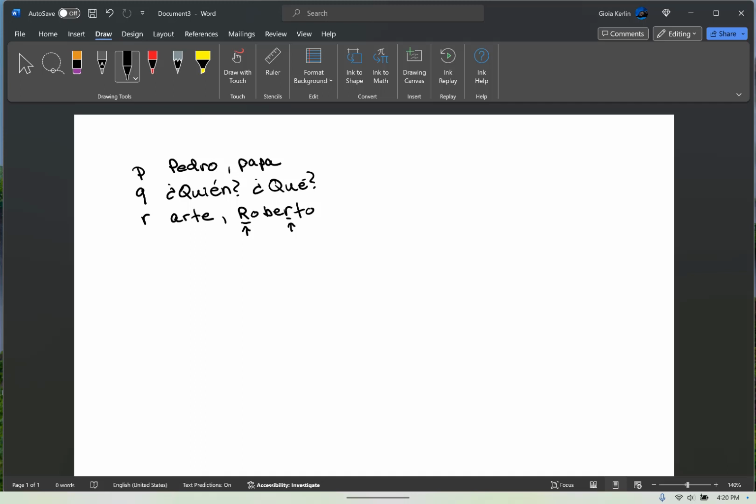Also, if you have two R's together, carro. So an initial R or double R has a trilled sound. We will talk about this more. If you practice saying butter as fast as you possibly can, you're going to practice where to place your tongue to make the trilled R sound.